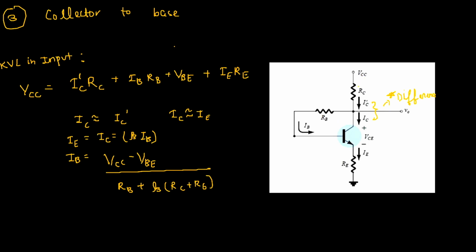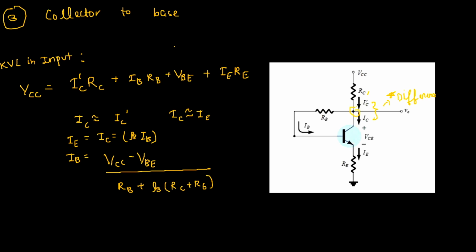So here what happens is the supply voltage is directly connected to the collector resistor RC, and the current splits after passing through this resistor. So all this while, the current passing through this resistor and the current flowing through the actual collector terminal into the transistor were the same.